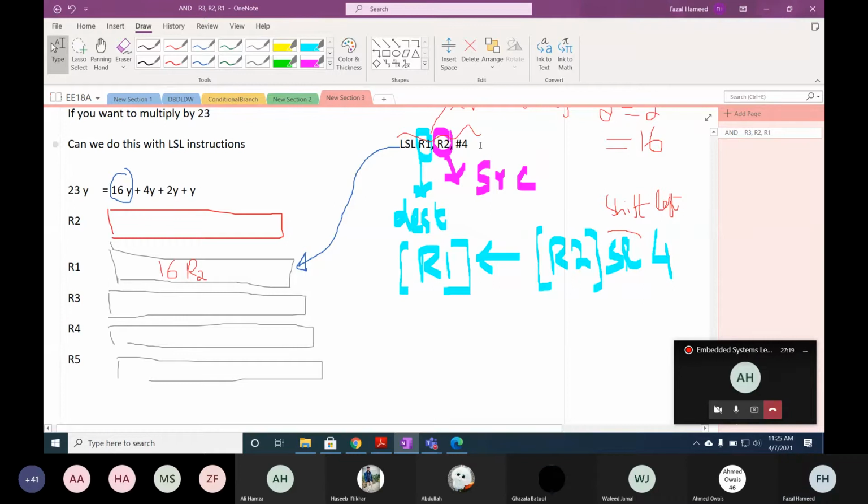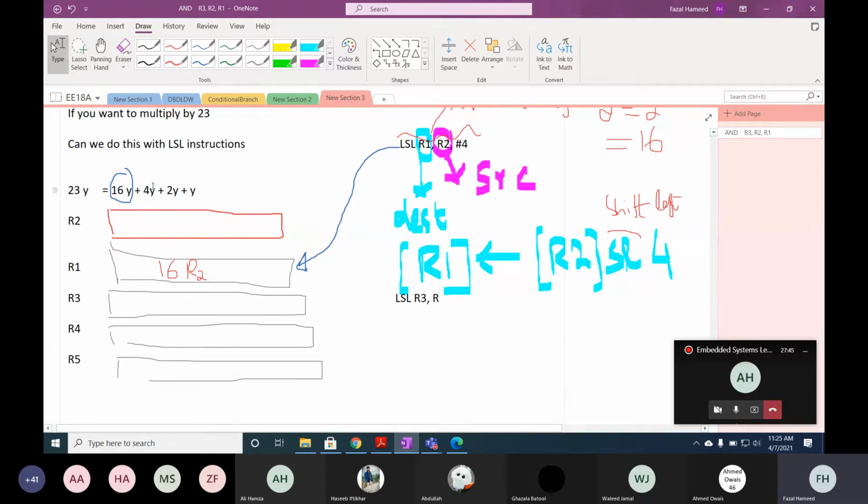Okay? Now let's assume we write another instruction, LSL R3. Now we want to store the data in R3, and we want to perform the other operation.